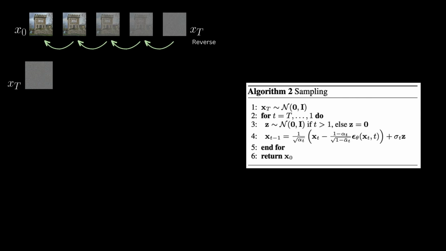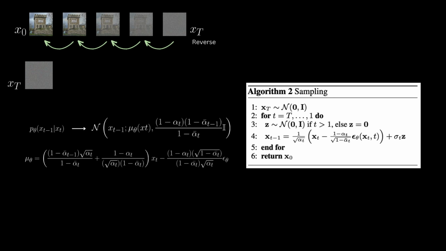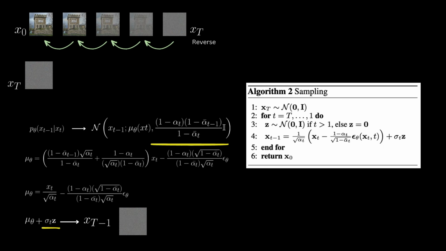And just to reiterate, our approximate denoising distribution was this, and we formulated the mean this way using noisy image at time step T and predicted noise. If you simplify the terms, you end up with the mean image of the denoising distribution as this. Once we have the predicted noise, we can sample an image from this distribution using the mean image and the variance, which was actually fixed to be same as the forward process, and this becomes our xt minus 1.